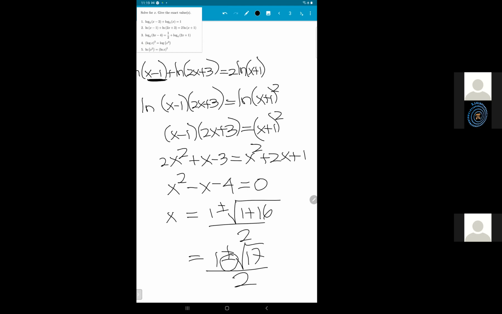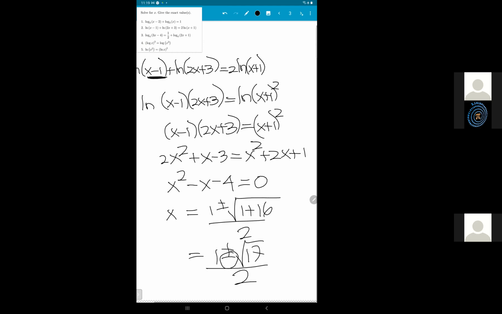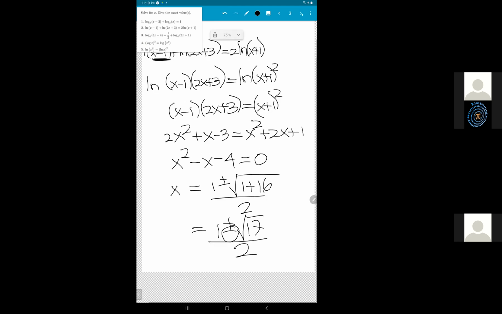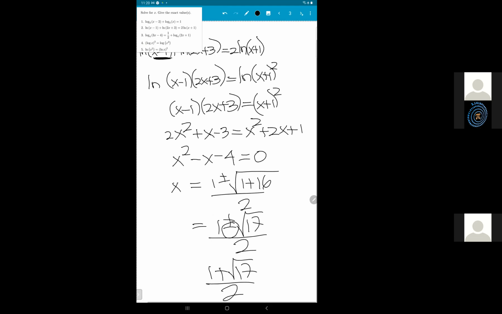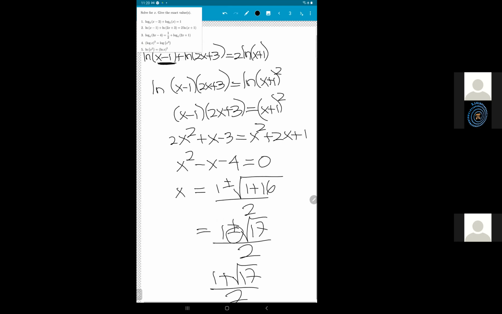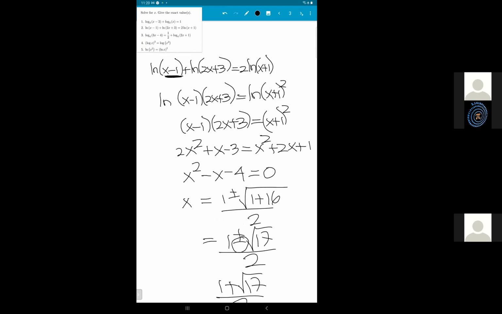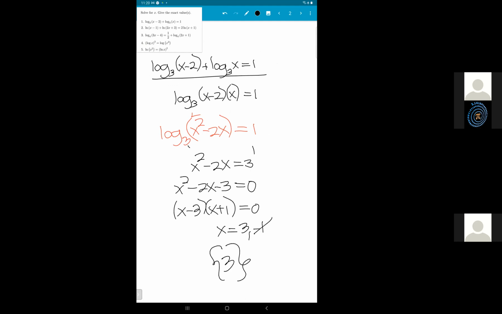So the only answer here should be 1 plus square root of 17 over 2. But since this requires the quadratic formula, safe to say that you don't need to worry about encountering a problem like this in the exam. It's just problems like this where you have factorable expressions.